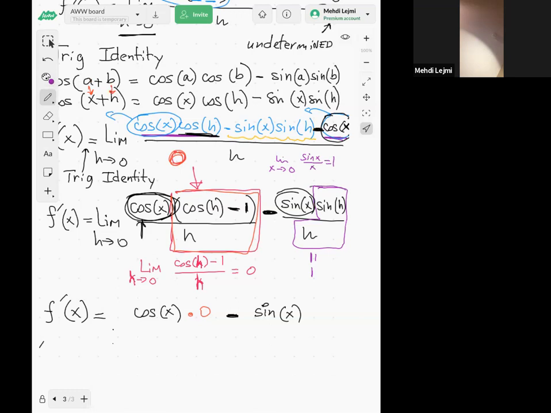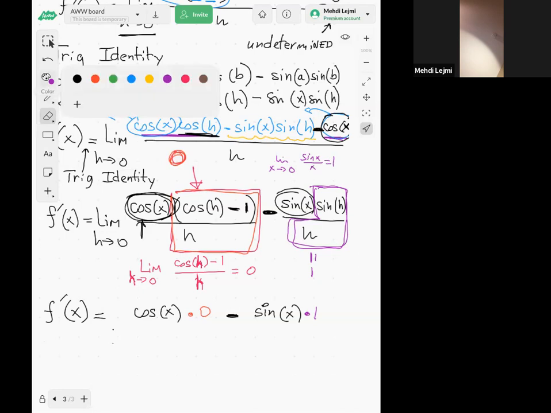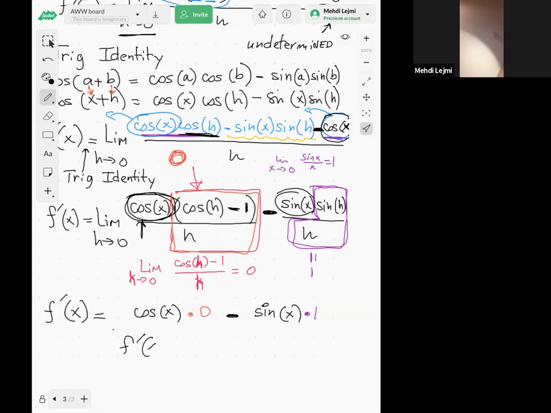This limit, we said it's equal to 1. So it's times 1. So you see, f prime of x is equal to minus sine of x.